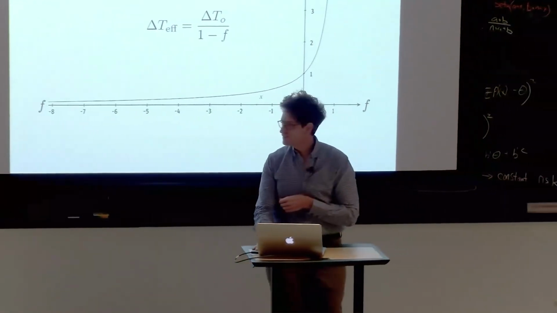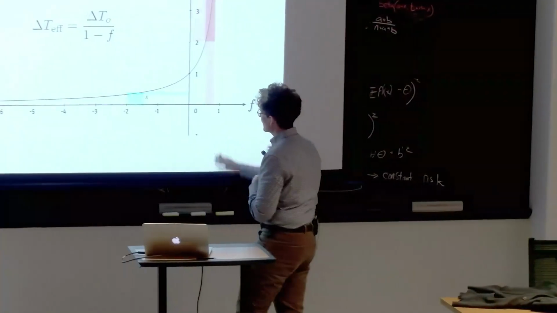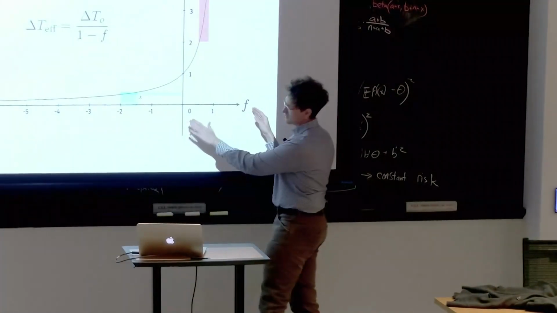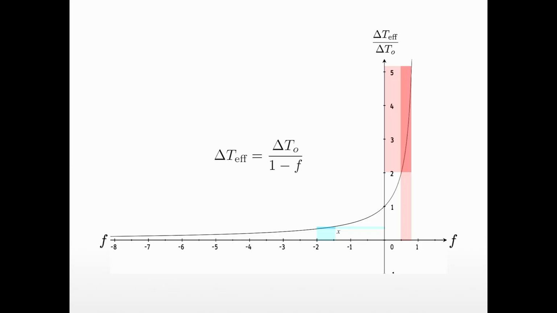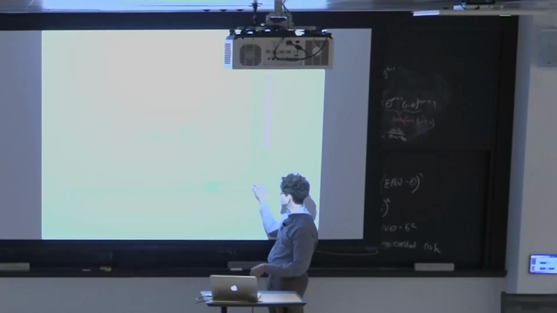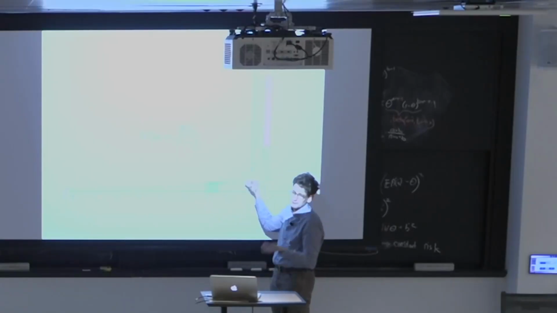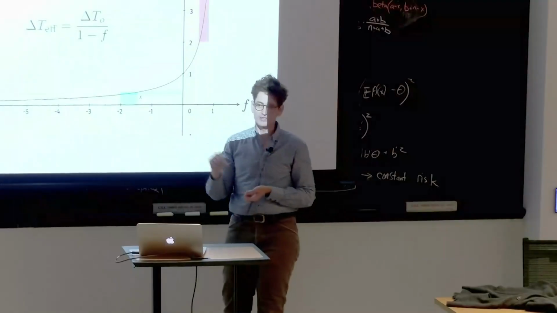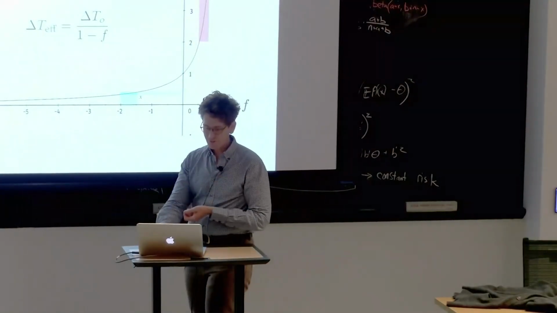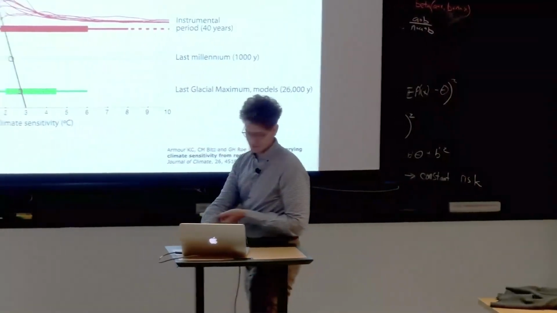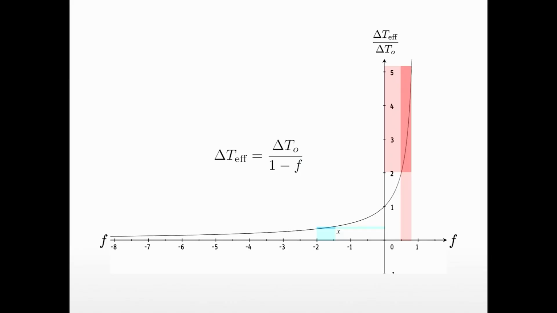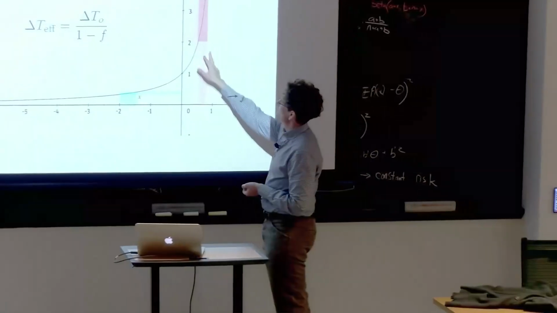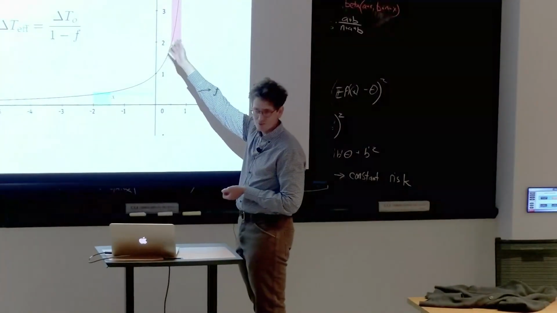So let's just see what happens if your feedback parameter is negative. So this feedback is on the x-axis, and this is the delta T over T naught. So this is the multiplier on the temperature. If the feedback is uncertain in this region, then the effect on the temperature is very, very tiny. It's really stable. But if the feedback is in this region, then the uncertainty is huge because of the shape of this curve.